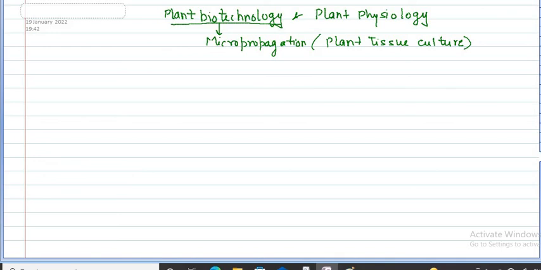There are many techniques in plant breeding to increase the yield characteristics of our particular crop or plant. We always need plants with special characters beyond recombinant DNA technology.